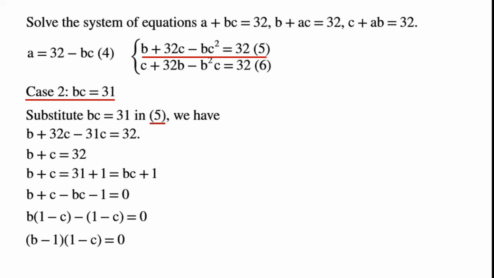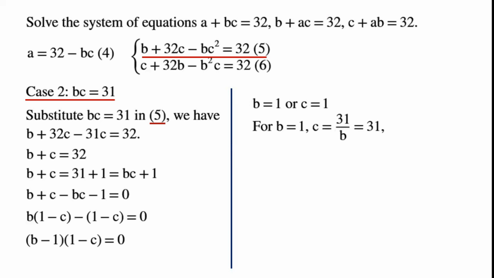The two terms have a common factor, 1 minus C. So we can now write (B minus 1) times (1 minus C). So either B equals 1 or C equals 1.